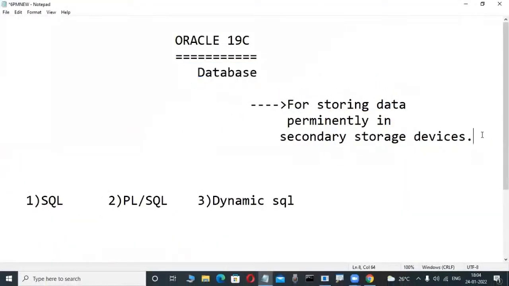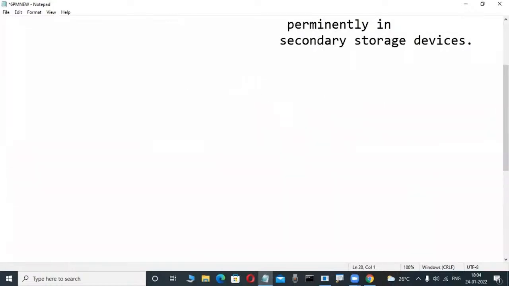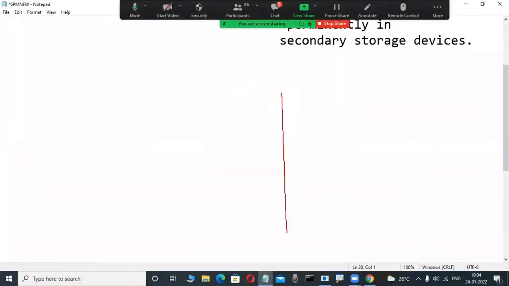But unfortunately, as I said in previous classes, observe slowly here, database means it is a place. Whenever we install Oracle, SQL Server, DB2, these types of databases in our system, automatically one place is created.